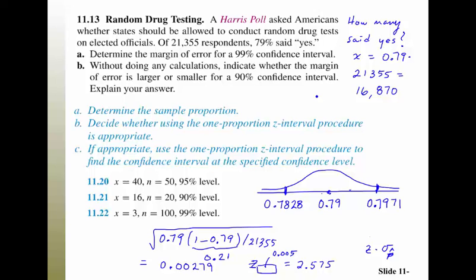That's really narrow, so why is it such a narrow margin? Why are we 99% sure that it's in this very fine margin of percent, from 78.28% to 79.71%?